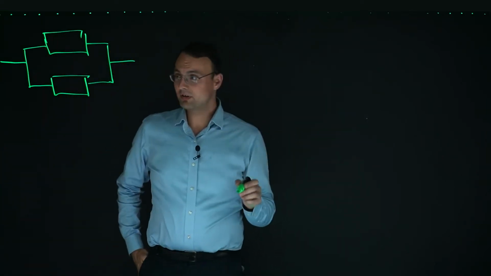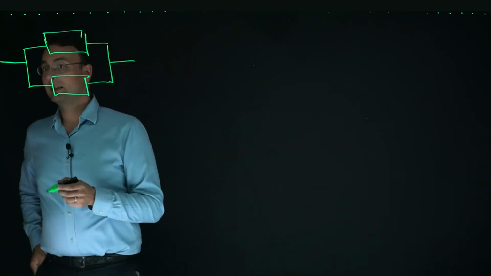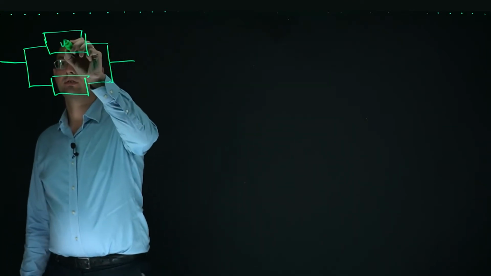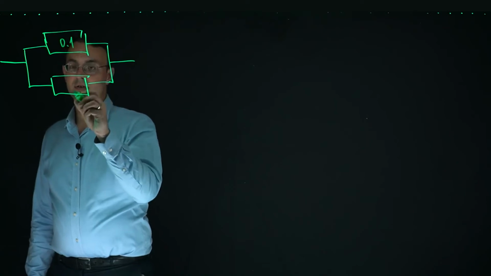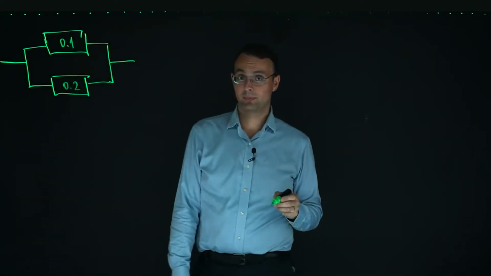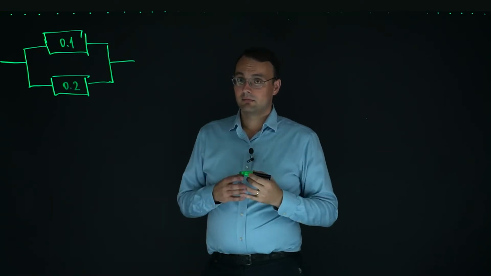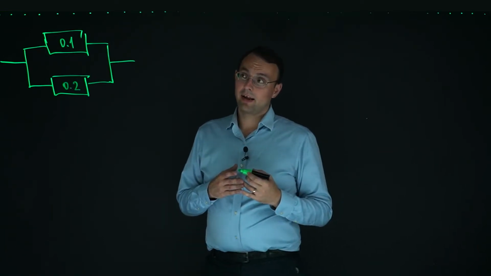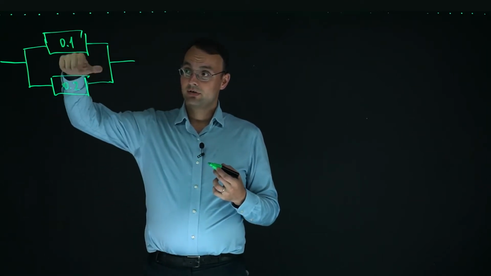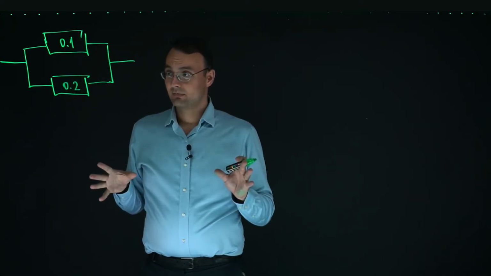At a random moment of time, the first element is out of service with probability 0.1, and the second one is out of service with probability 0.2. And these 2 elements are independent.